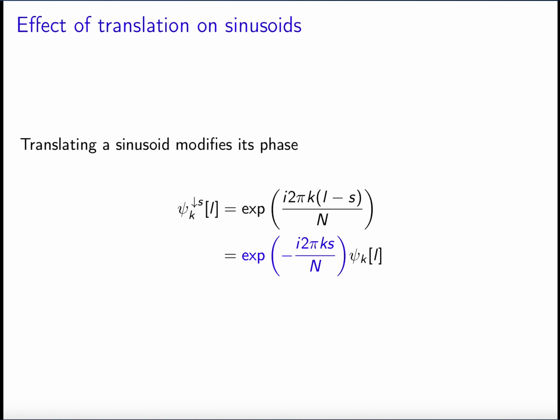Because we're considering complex sinusoids, this shift can come out. By the way, the way the phase is modified does depend on the frequency. But at the end of the day, you get exactly the same sinusoid with the same frequency k multiplied by a constant term. And we're going to use this very simple fact to analyze convolution in terms of Fourier transformation.